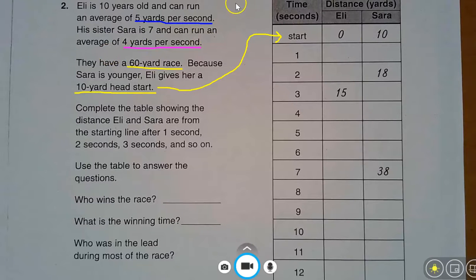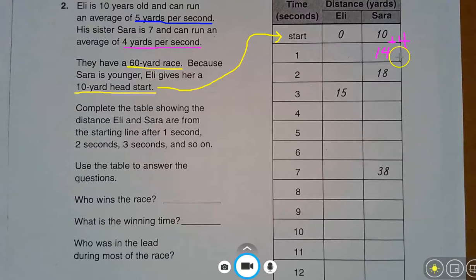She then goes 4 yards every second. So by the second number 1, she has gone 4 yards, but it's 4 more yards than the 10 where she started. So you have to have 4 yards added each time Sarah goes another second. So 10 plus 4, that's 14.